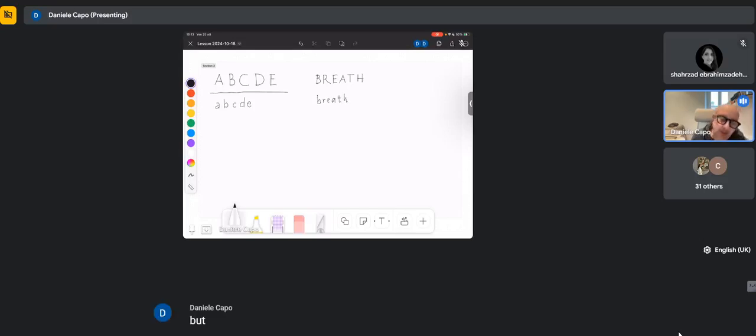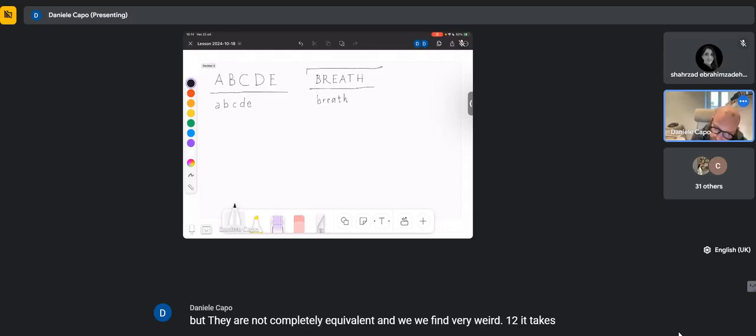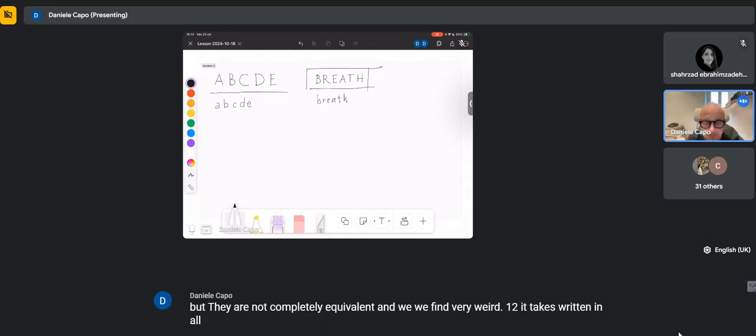But they are not completely equivalent, and we will find it very weird to have a text written in all capital letters. So usually they have a special purpose.